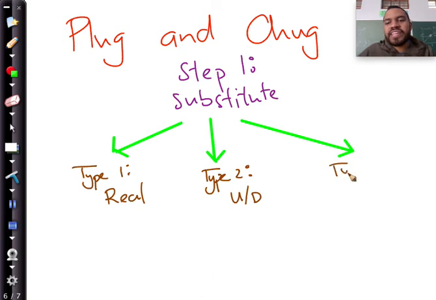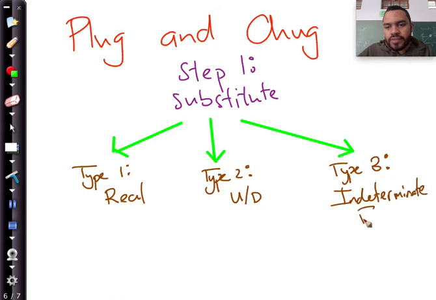Then type 3 is what we call an indeterminate form, which I'm going to teach you how to solve as well. So what is this indeterminate form that we are considering? The indeterminate form is when you have 0 divided by 0.